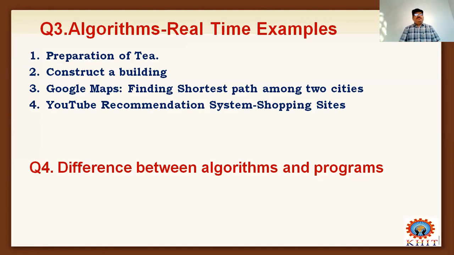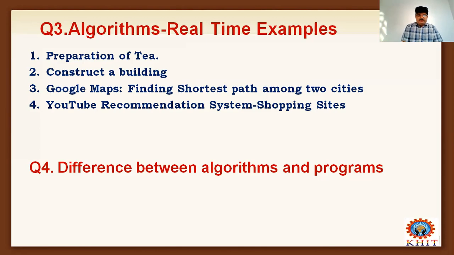If you want to develop the program using C, you need to write the program in C language, or C++, Java, Python, or some other languages. So an algorithm can be written using any natural language or English. Programs can be written in any one of the programming languages which are available in the market.